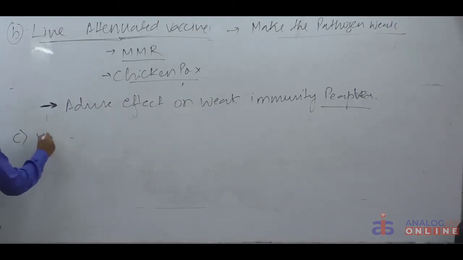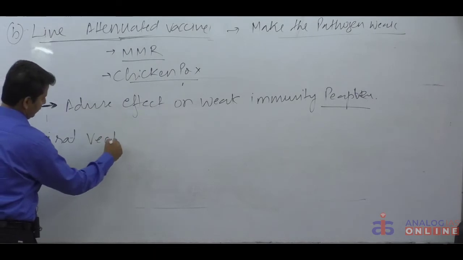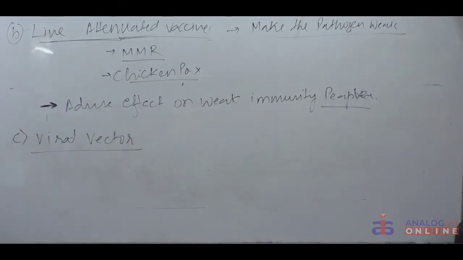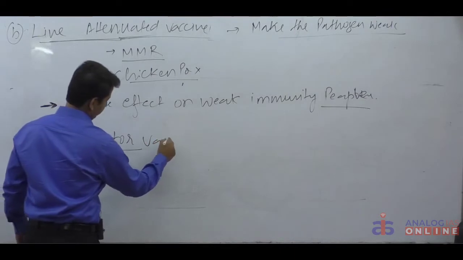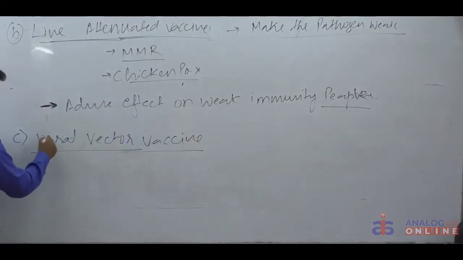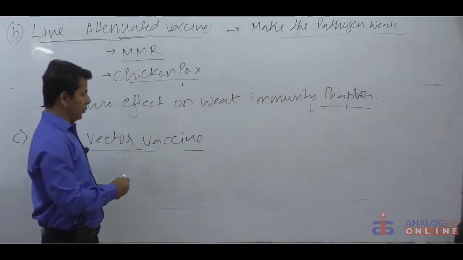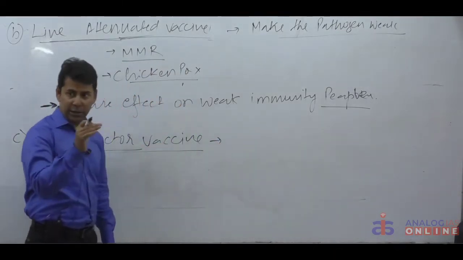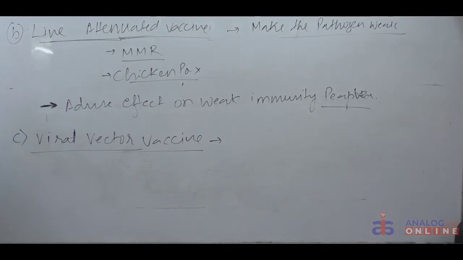The third one is the viral vector vaccine. So here what we do, let's say there is one particular dangerous virus which can cause disease, and we find it very risky to go with a live attenuated vaccine, because it might cause disease in many people because of the comparative weakness.